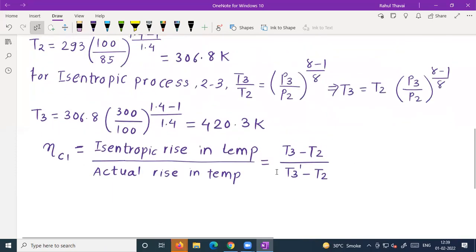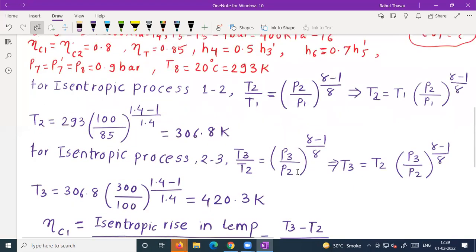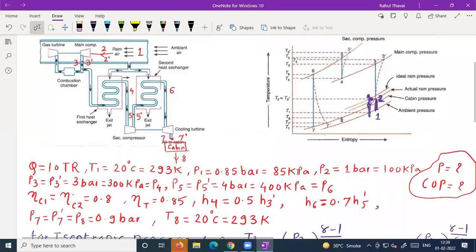This is in the form of a formula. If you don't need to remember the formula, what I used to do is, I want an efficiency which should be less than 100%. So for getting the efficiency less than 100%, the highest term should be in the denominator and the lowest term should be in the numerator.